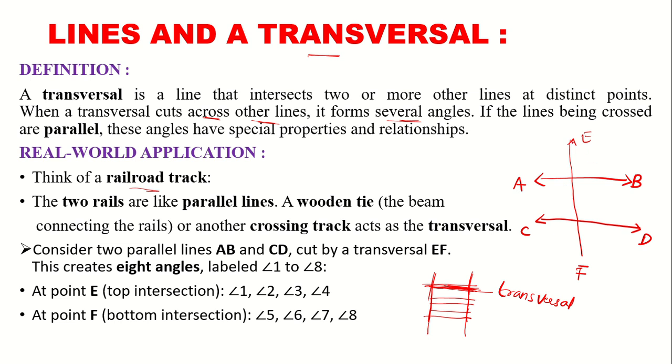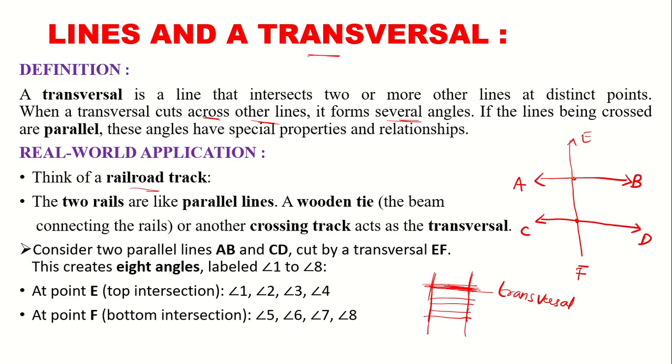So when this transversal cuts across different lines at distinct points, as you can see, we have one point here and the other point here, it forms several types of angles.